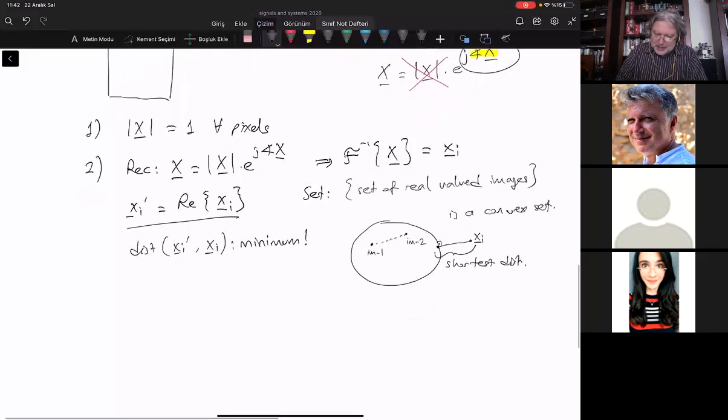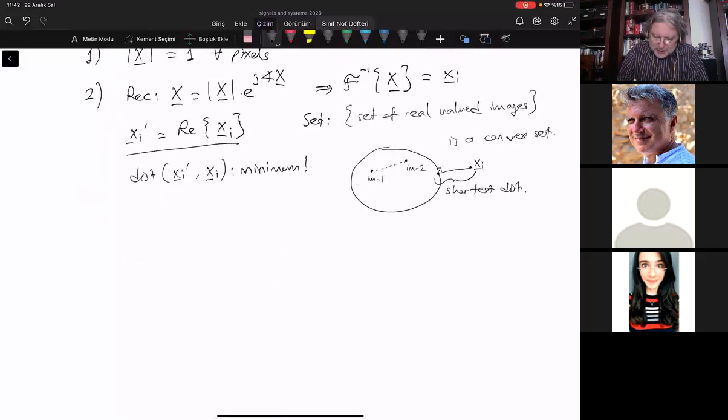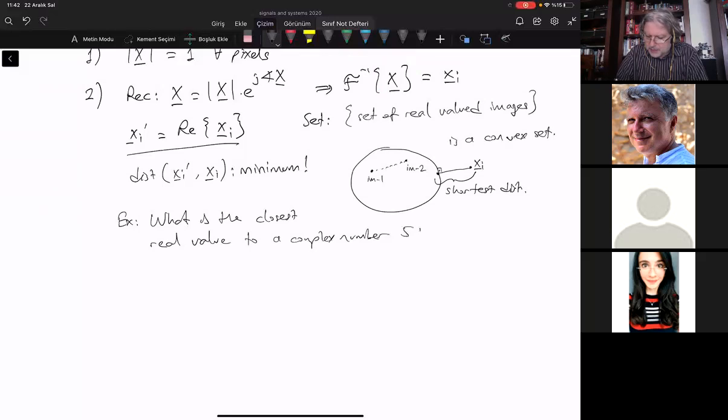For example, what is the nearest real value? So this is an example. What is the closest real value to a complex number, let's say 5 plus 3j.